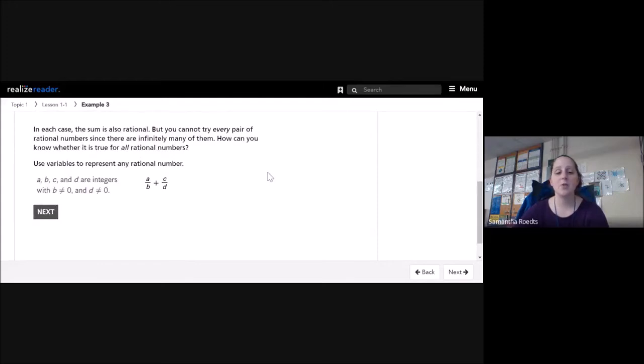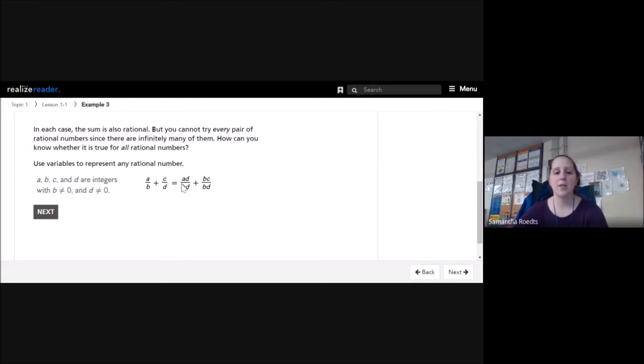I can use variables to represent any rational number. So A, B, C, and D are integers where B cannot equal 0 and D cannot equal 0, because if B or D equals 0, bad things happen in the universe. You cannot divide by 0. So A/B plus C/D is AD over BD plus BC over BD.